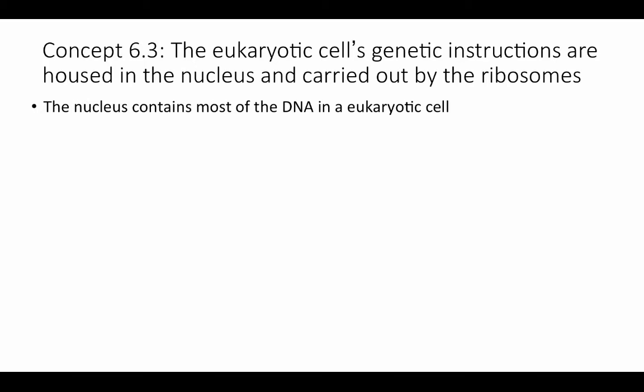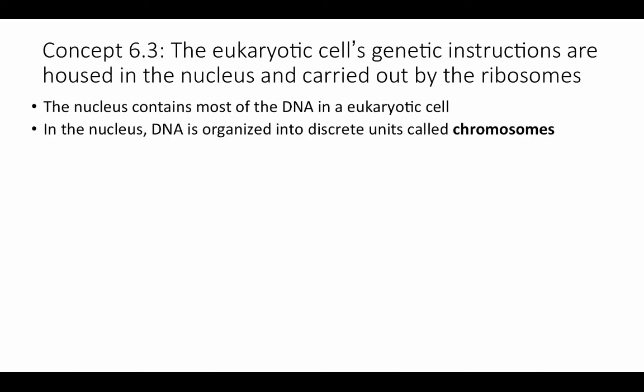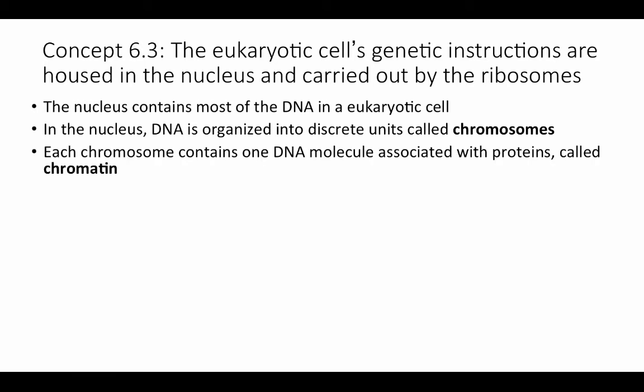So the nucleus contains most of the DNA in a eukaryotic cell, but not all of it. In the nucleus, the DNA is organized into discrete units called chromosomes. So each chromosome is a single DNA molecule and its associated proteins called chromatin.